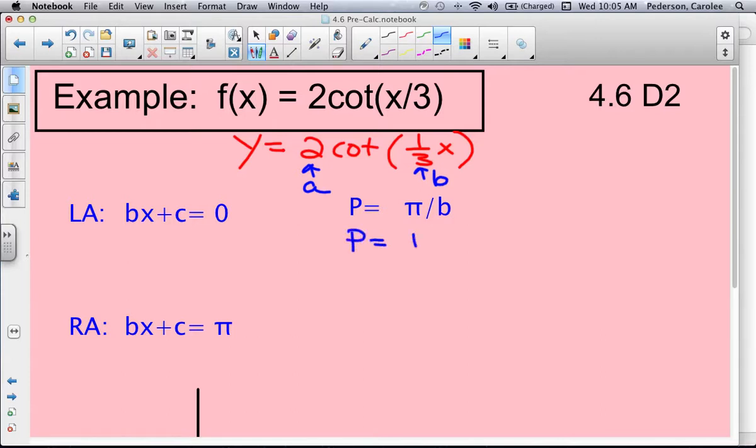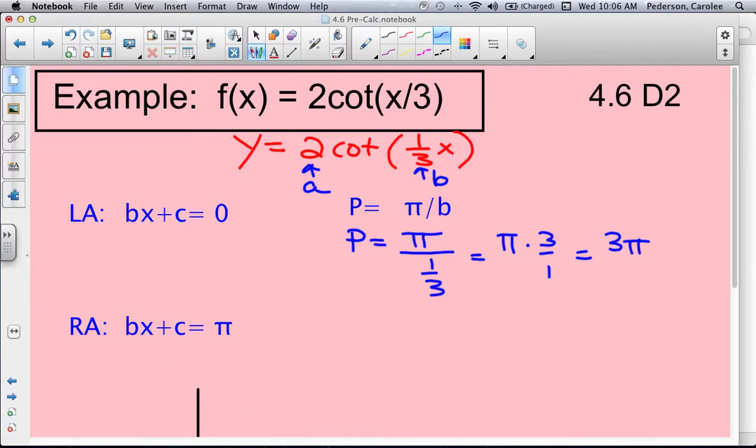Period equals pi over 1/3. Fraction over fraction, so we have to flip it. So our period is 3 pi. So it takes longer now for a revolution to occur.